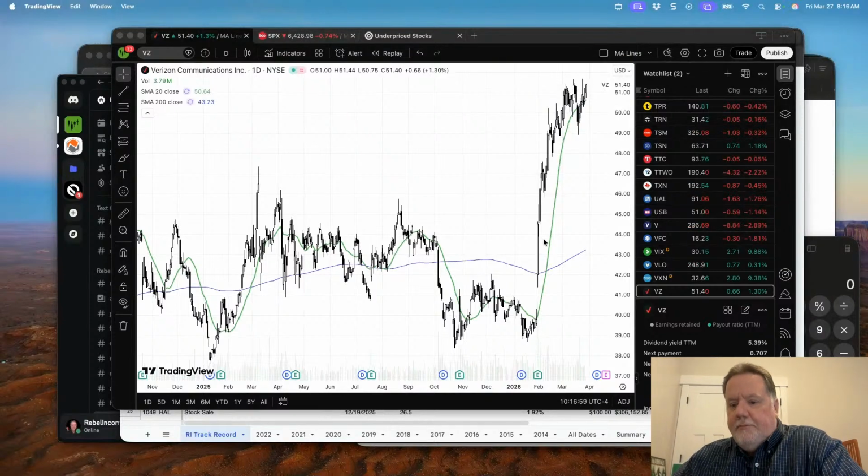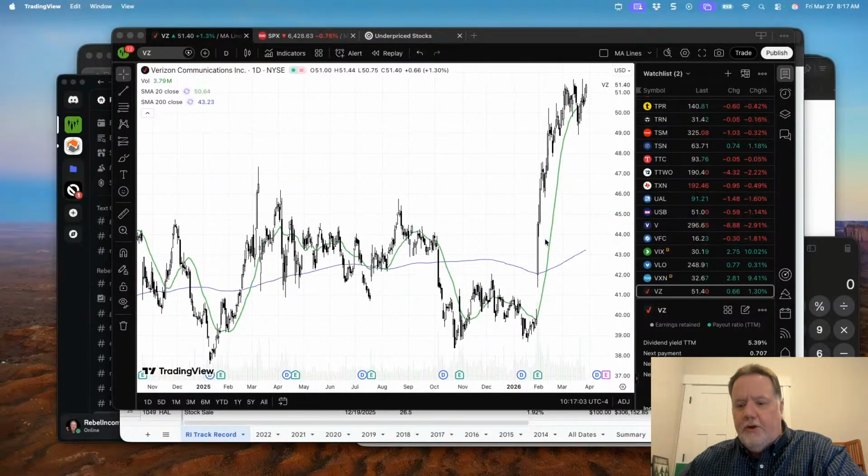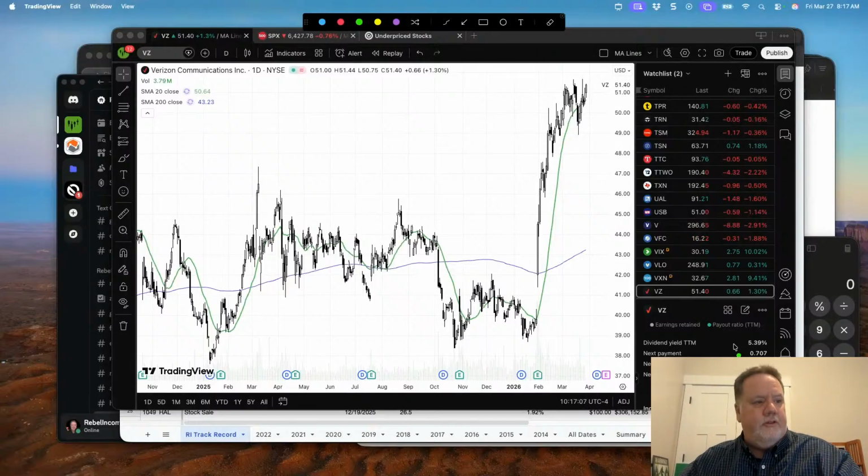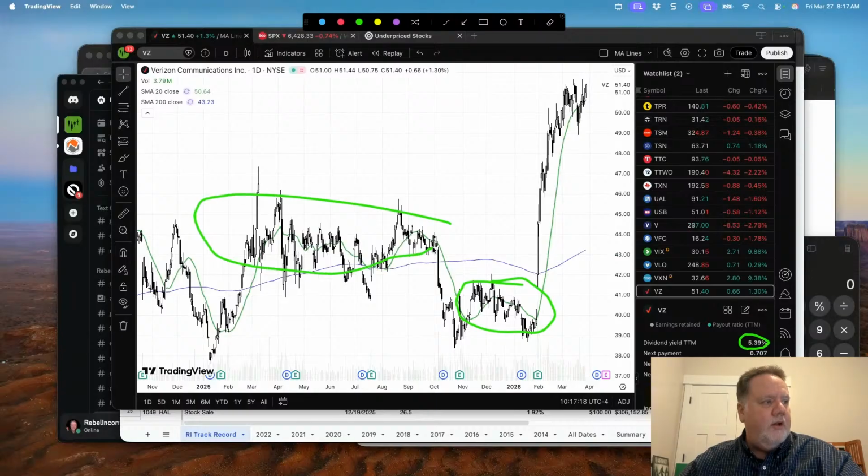So yeah, Barry's got Verizon in his portfolio. It's a holding stock with its dividend yield. It is a cash machine, and yes, this has a very nice dividend payout, even at the current price. And if you're somebody that got in maybe down here or even anywhere in here, then it's even better.